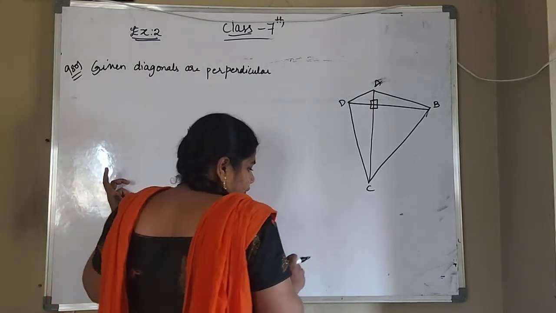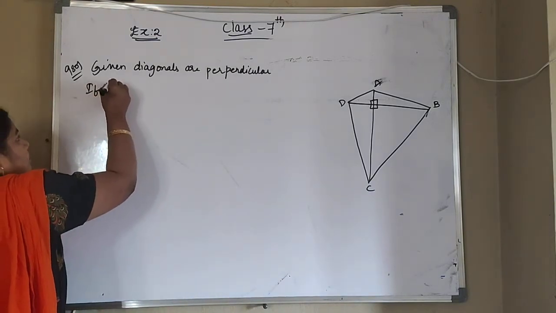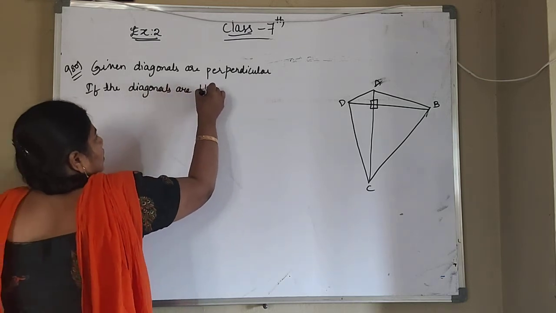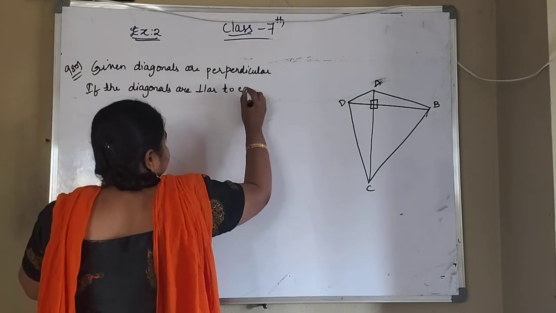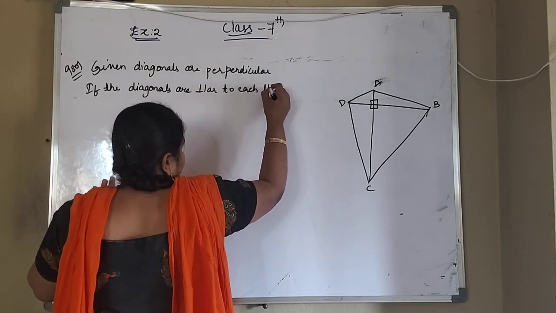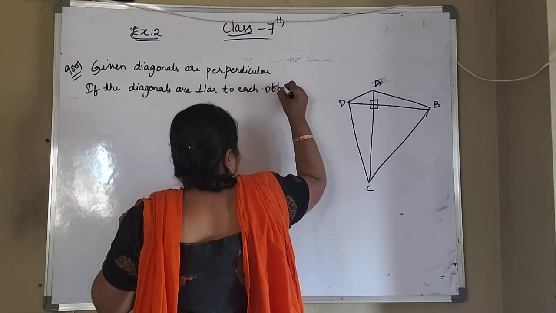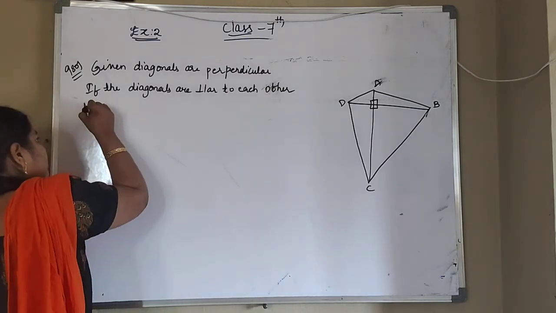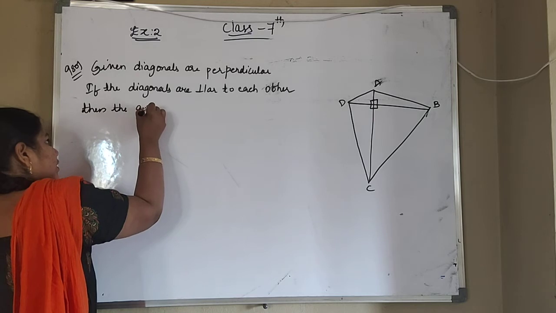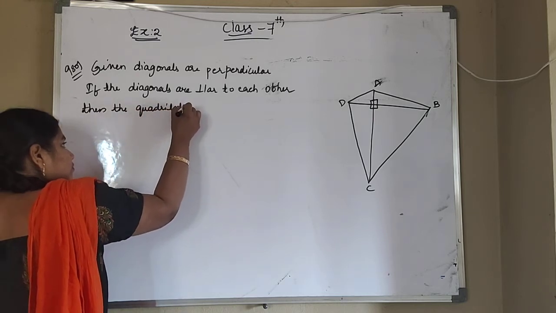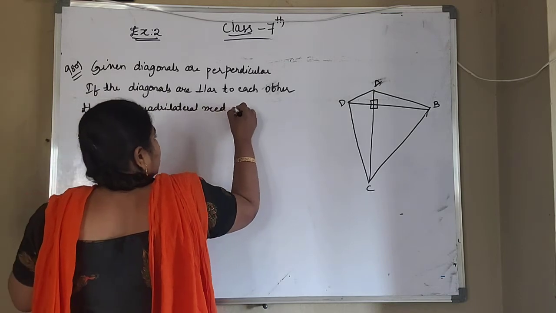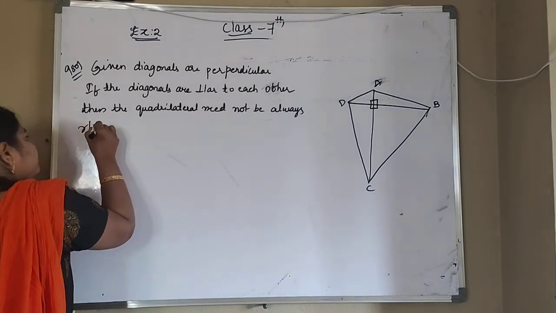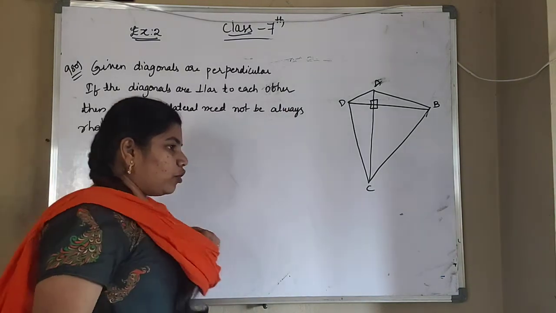So write that only. If the diagonals are perpendicular to each other, then the quadrilateral need not be always a rhombus.